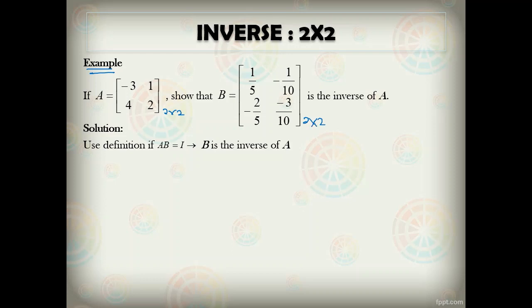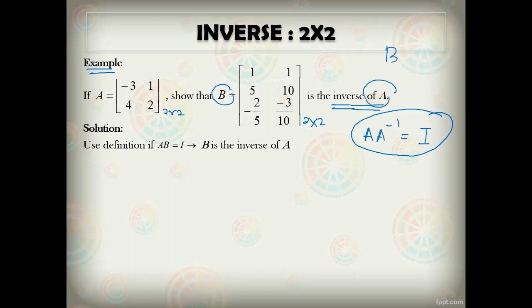You need to show that B is the inverse of A. We know that A multiplied with the inverse of A gives the identity matrix, so that we can declare that A minus 1 is the inverse of A. So if we want to show that B is the inverse of A, we need to show this.